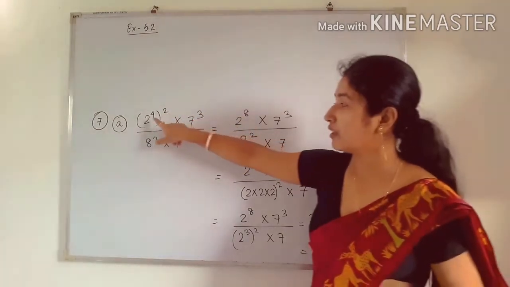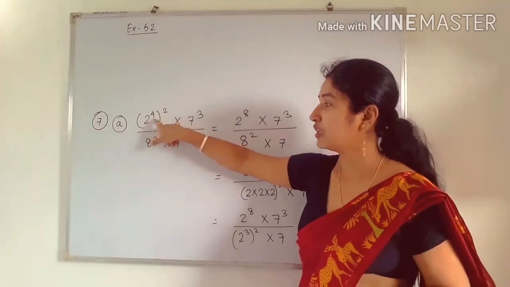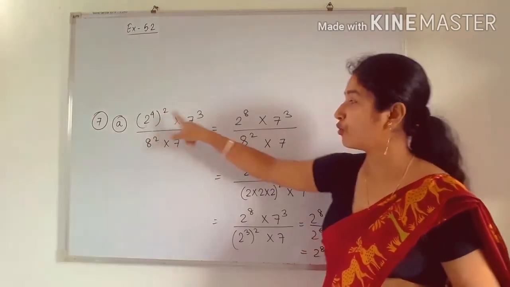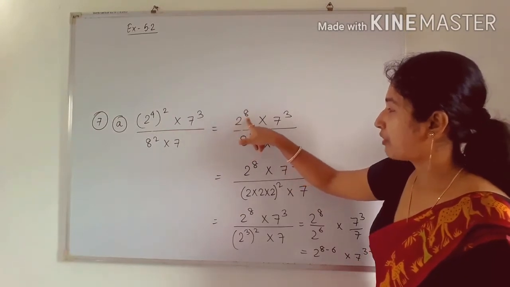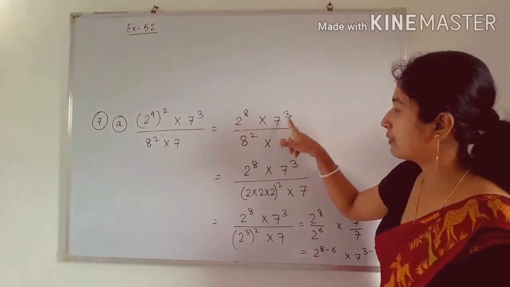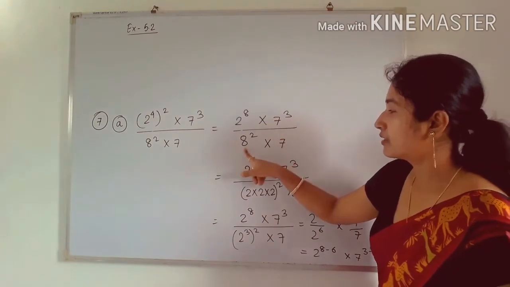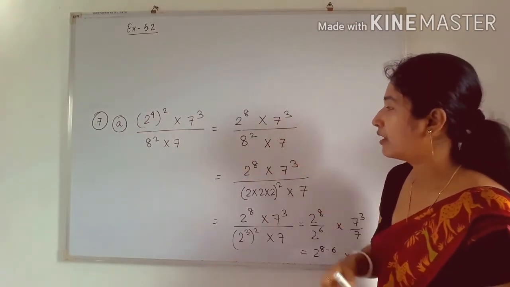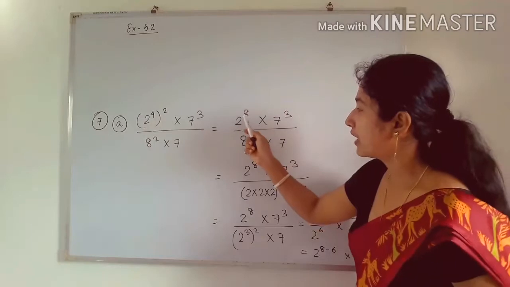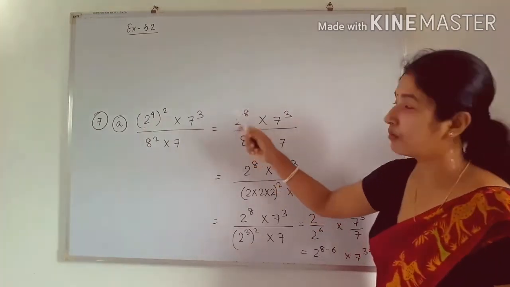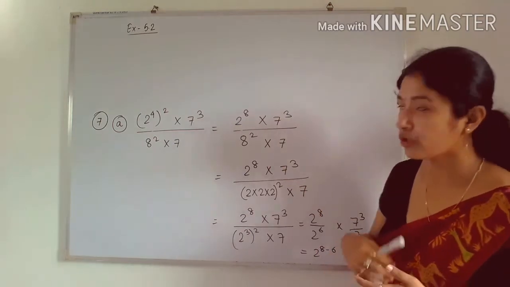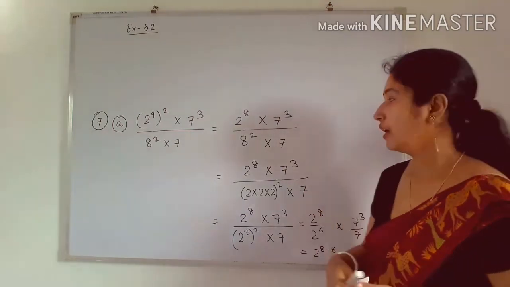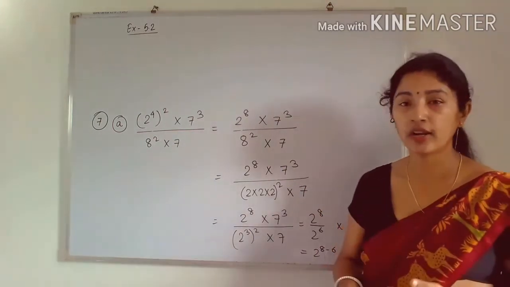So we can apply the law, exponents can be multiplied. So 4 into 2 will be 8. So base is 2 and power is 8, and the rest will be the same as it is: 8 square into 7. Now we cannot break this base anymore, because 2 is a prime number. Similarly, 7 is also a prime number, we cannot factorize it.